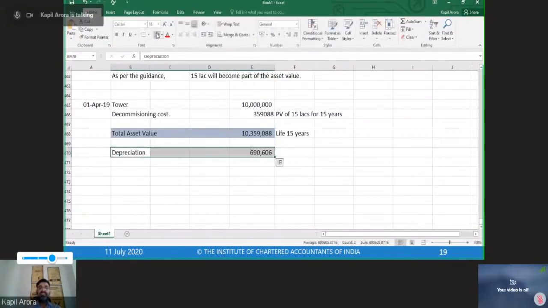My depreciation would not be 1 crore upon 15 years. My depreciation would be 1 crore 3,59,088 upon 15 years, so my depreciation would include that charge. Is that okay with everybody?